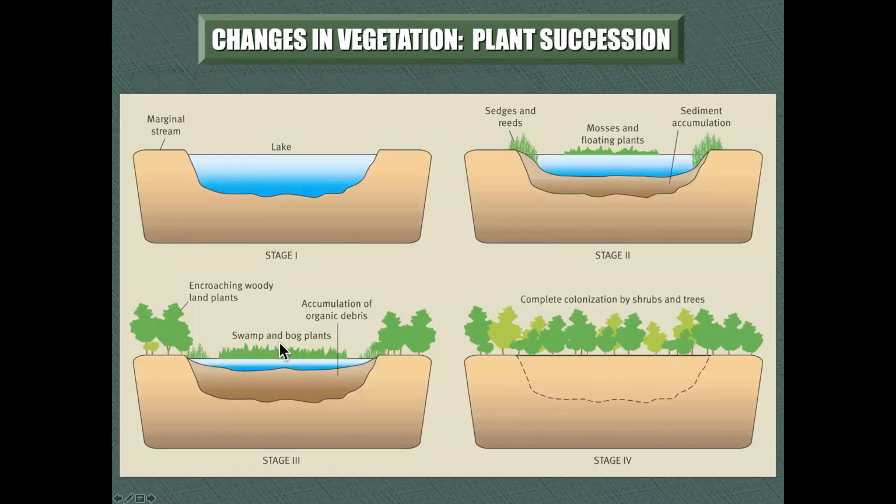So here are some examples how you go from stage 1, 2, 3, and 4, and how it may have been a lake, and then you get some vegetation taking over, lots of sediment accumulation, and then eventually that lake either disappears or becomes very marshy, and other plants come in to take the place.